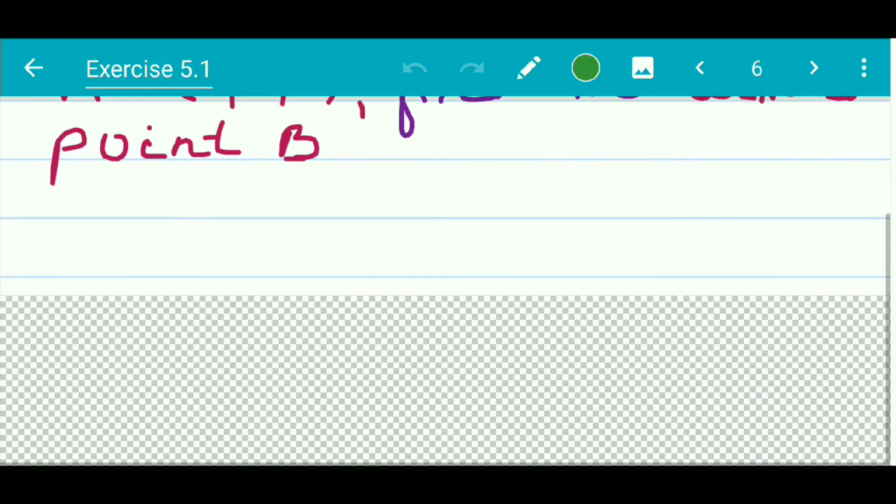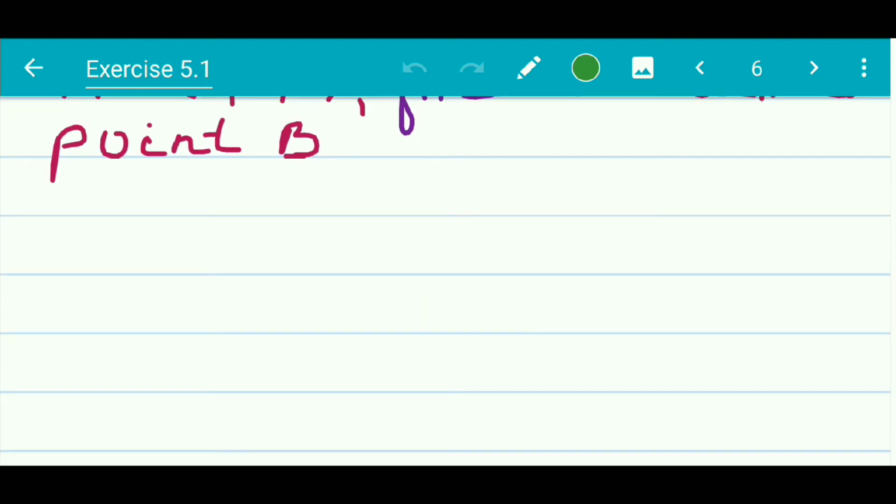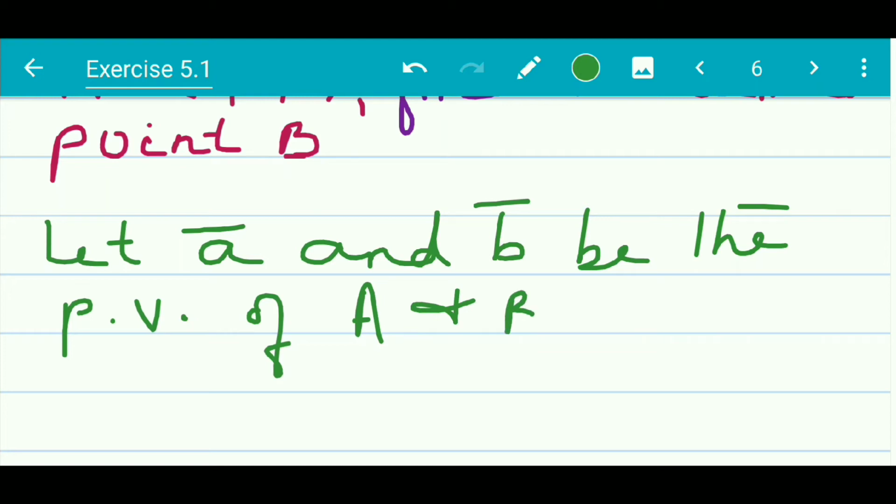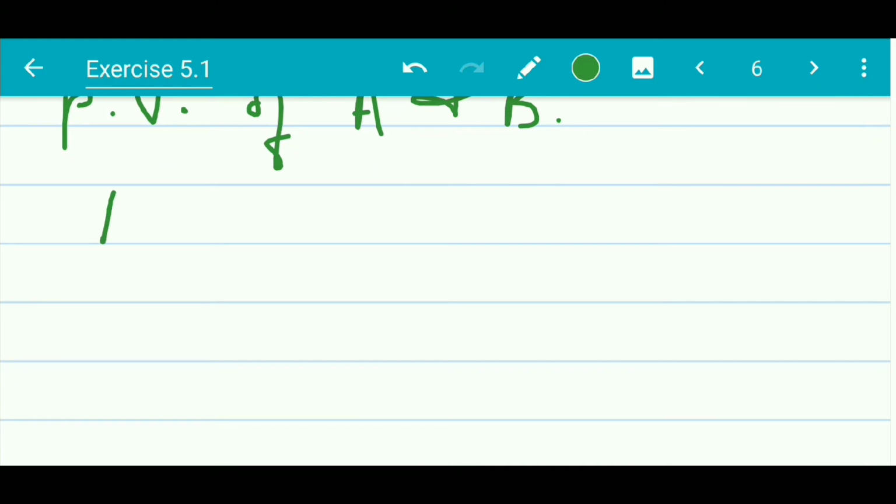So, suppose A bar and B bar are the position vectors of A and B. So, we write it this way. Let A bar and B bar be the position vectors. Some short forms are allowed in maths. So, position vectors can be written as PV, position vectors of A and B. So, therefore, we have now the point A is given as 1, 5, 0.